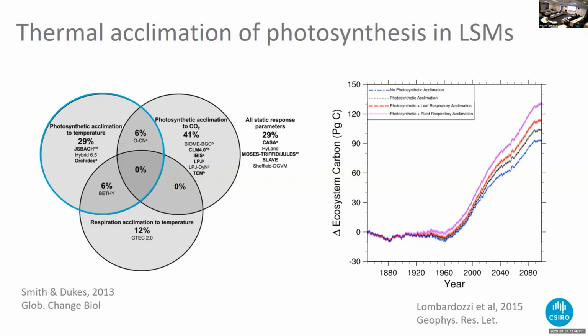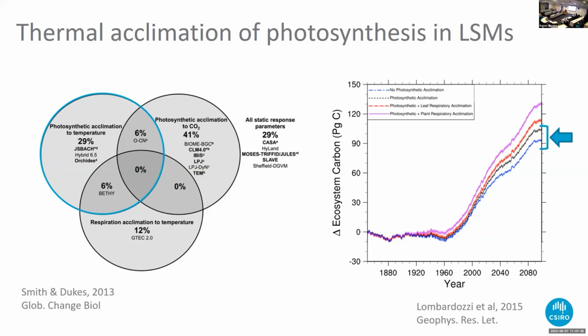And yet there's regional variation in how photosynthetic thermal acclimation affects simulations at the end of the century. So this is some other research at the global scale clearly that shows in some regions there'll be a negative impact of thermal acclimation, but in other regions there'll be a positive impact of thermal acclimation. And the studies tend to vary in those regional effects.